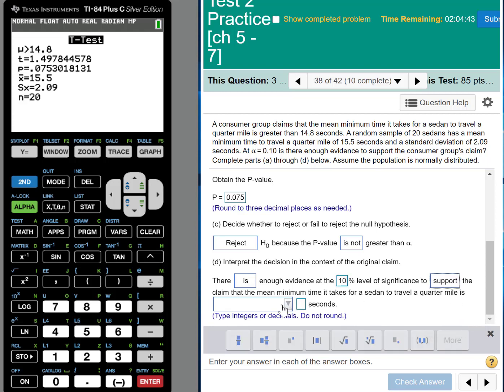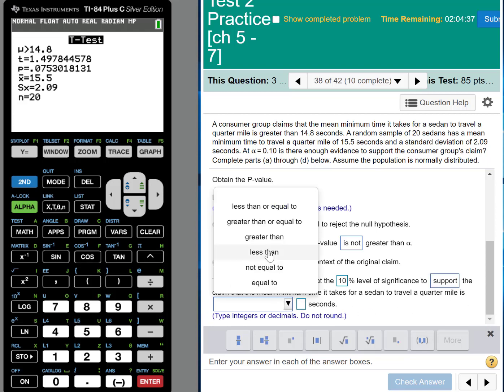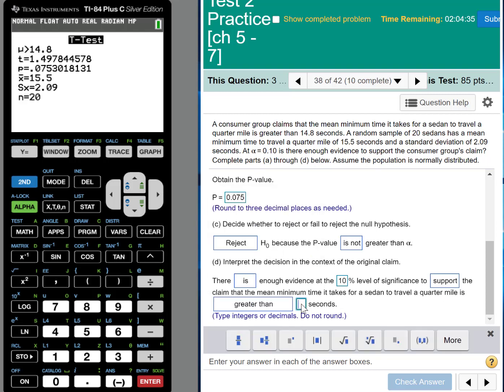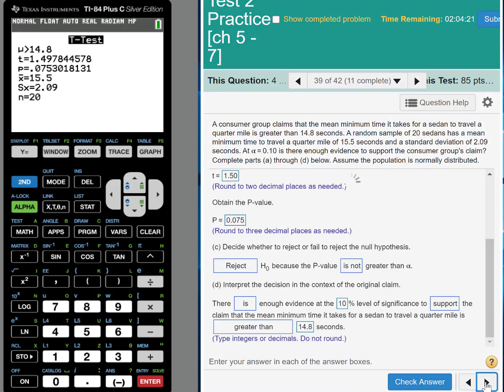The claim that the minimum time it takes for a sedan to travel a quarter mile is more than, greater than 14.8. That's the original claim. Just copy it from the original statement of the claim. Right here, minimum time it takes for a sedan to travel a quarter mile is greater than 14.8 seconds.